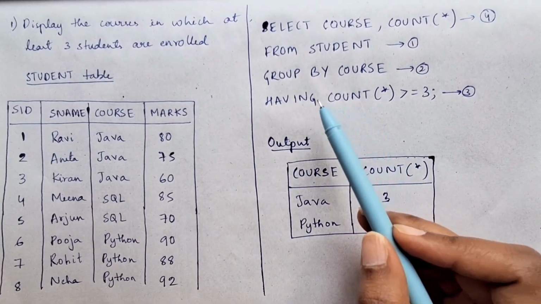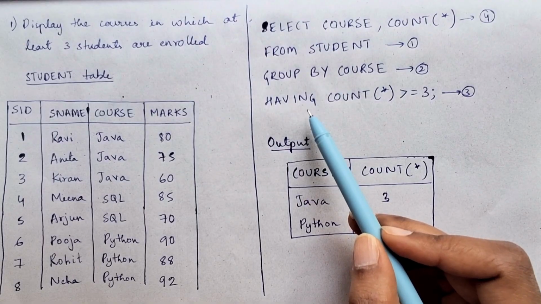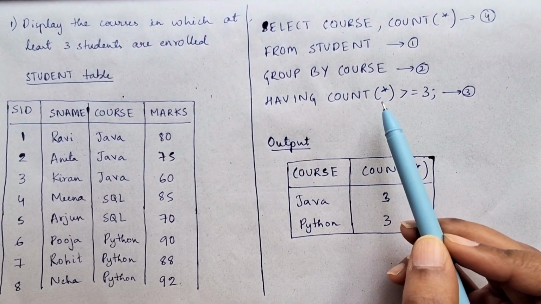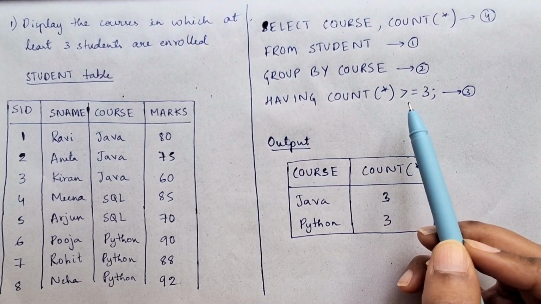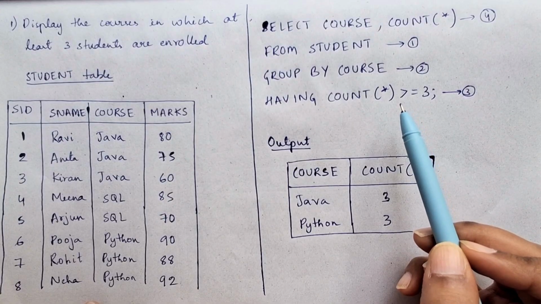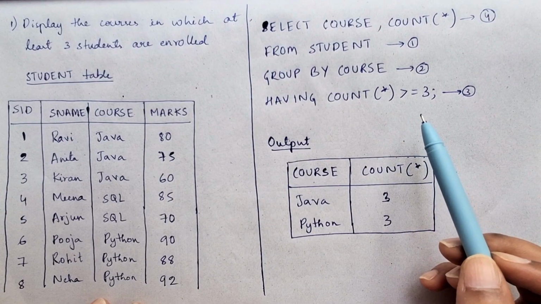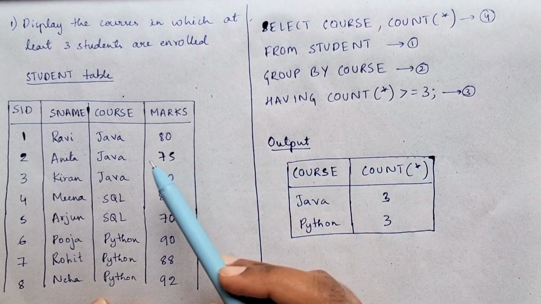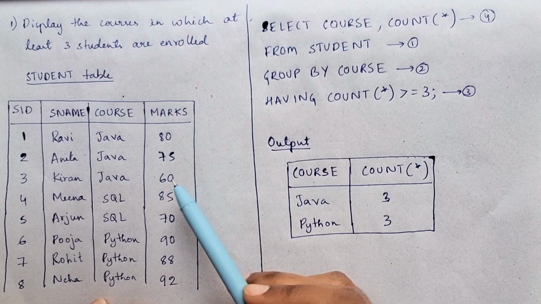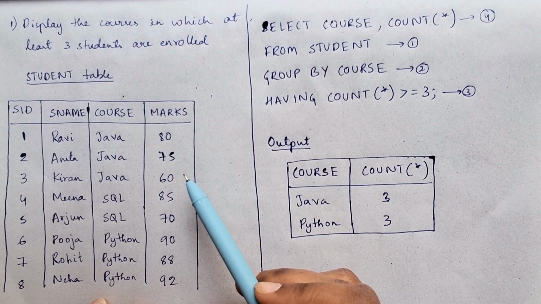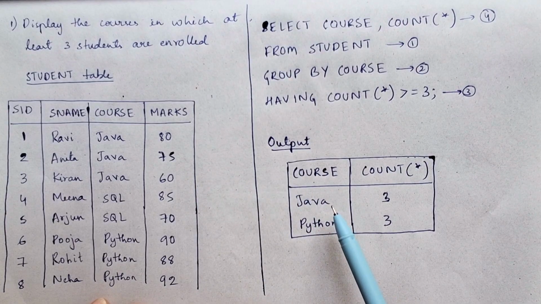Now SQL executes the HAVING clause. The condition is COUNT(*) >= 3, and this condition is checked for each course group. For Java, the count is 3. 3 is greater than or equal to 3. The condition is satisfied, so Java is selected.